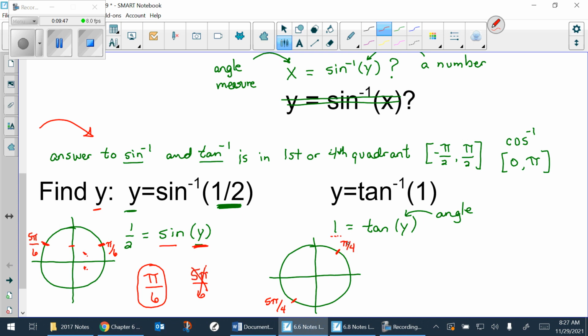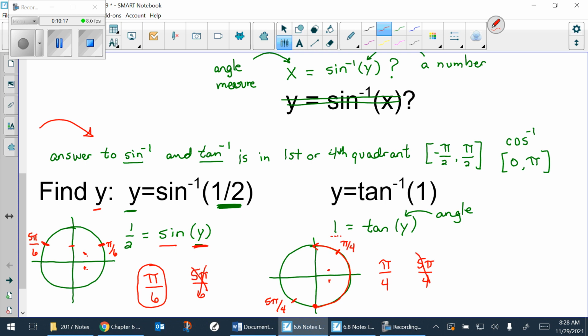So I think the angle measure that causes the tangent to be 1 is pi over 4 and 5 pi over 4. But again, keep in mind that the answers to tan inverse problems are limited to the first or fourth quadrants. Your answer is only valid if it goes from negative pi over 2 to pi over 2, somewhere in here.